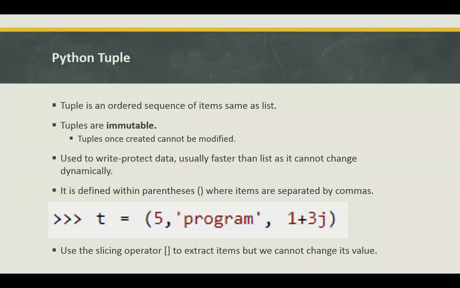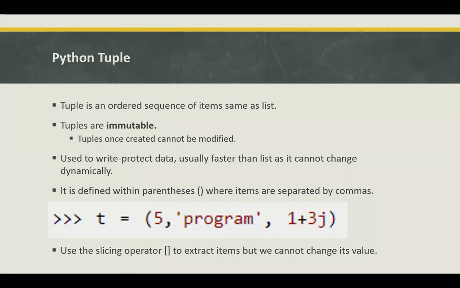Here, a tuple is an ordered sequence of items, same as a list. This is the first similarity. In the list also the ordering is there, as well as in the tuple. Ordering means by the index value you can access a particular element, as we have seen. But the tuples are immutable.